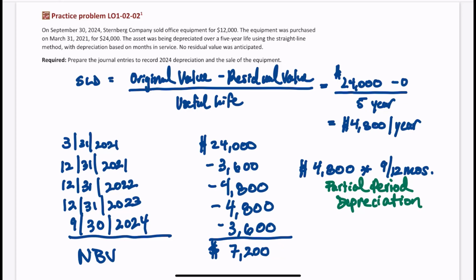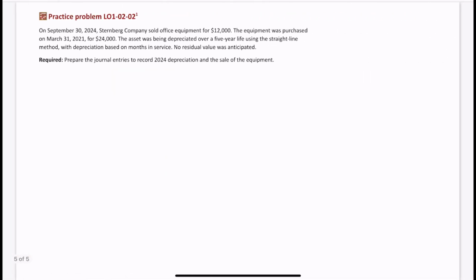And now we want to say, all right, did we make a profit here? Did we have a gain, or did we have a loss? And so if we just go to a new page here to give us more room.